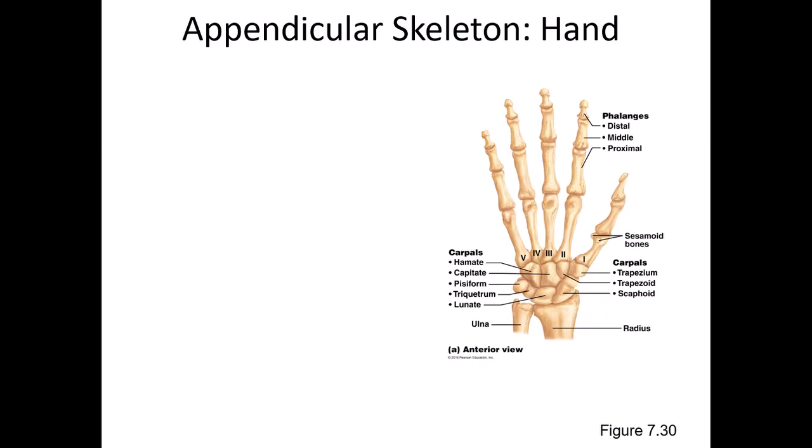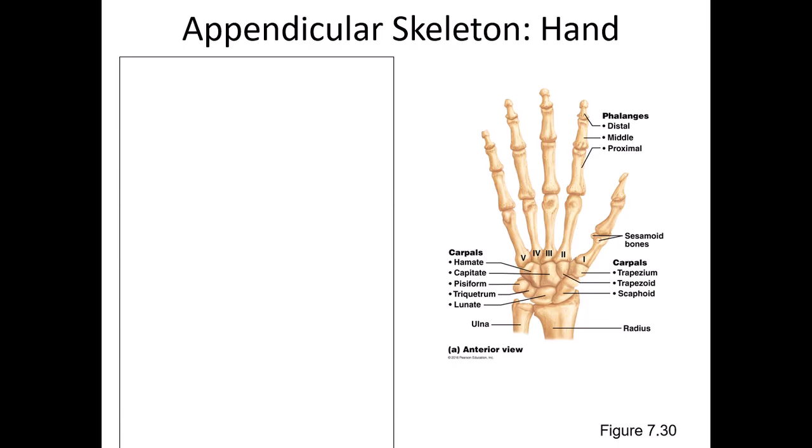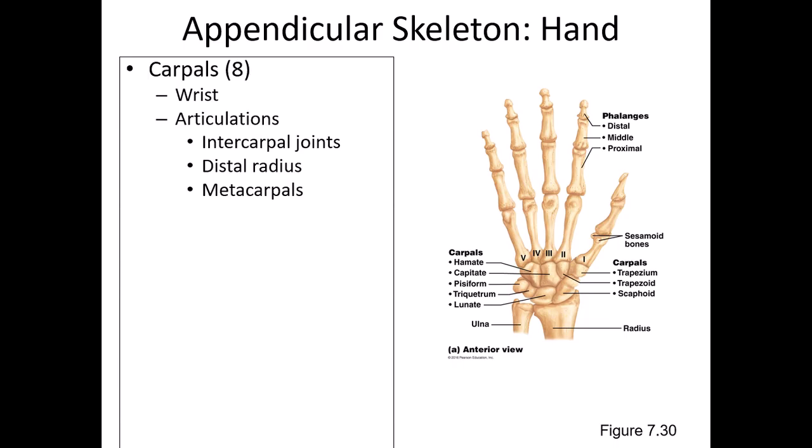Okay, 3 kinds of bones in the wrist and hand: carpals in the wrist, metacarpals, where the palm of your hand is, and phalanges in your fingers. We have 8 carpals in each hand, in each wrist, and they articulate together at intercarpal joints. A couple of them also articulate with the distal radius to make the wrist joint, where we move the hand.